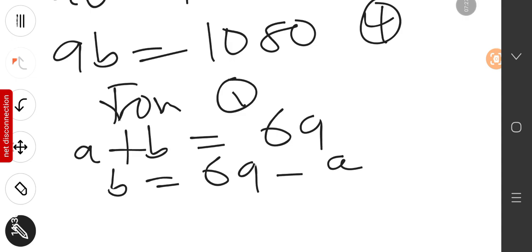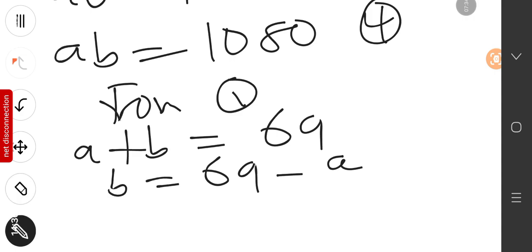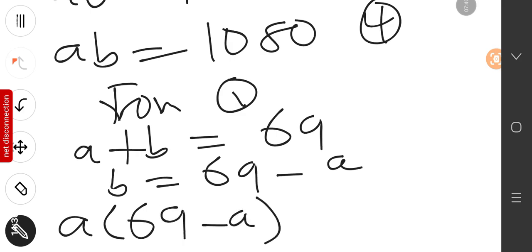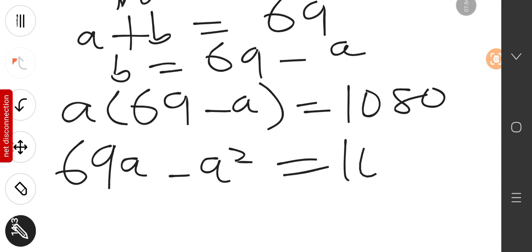So we are going to have A multiplying 69 minus A equals 1080. Our equation becomes 69A minus A squared equals 1080.